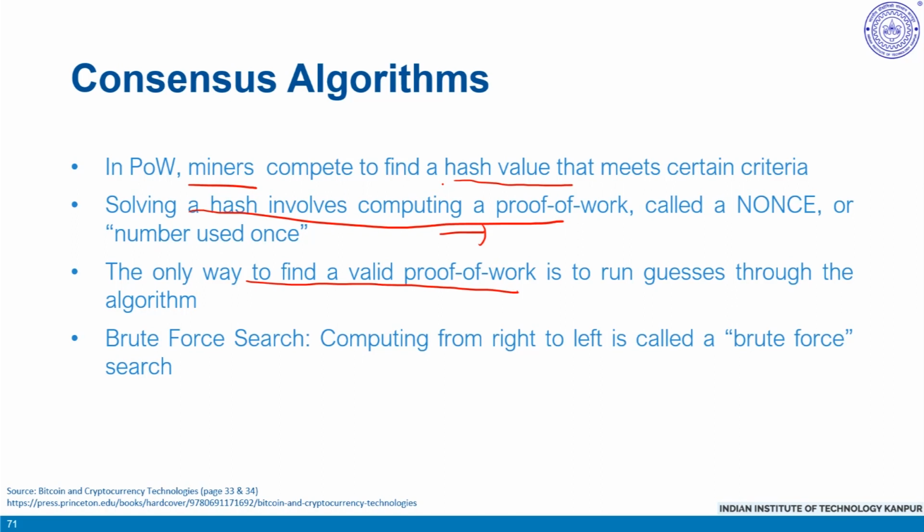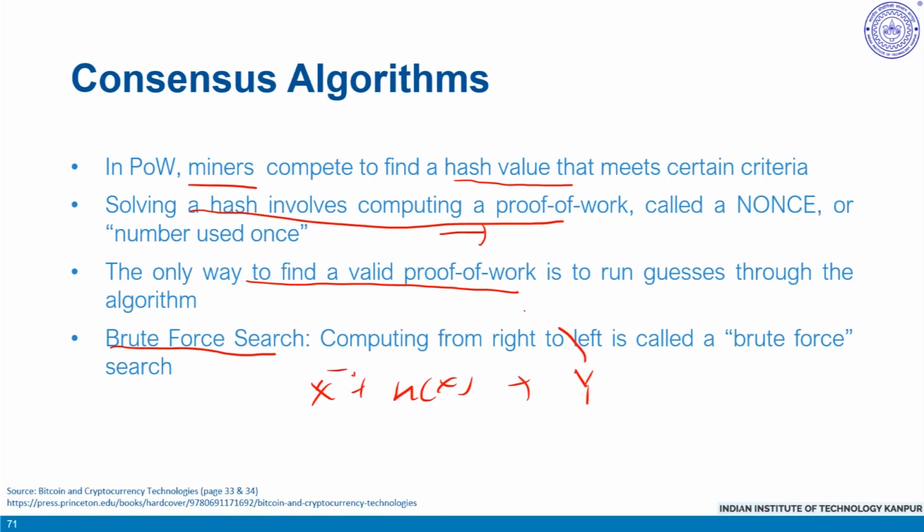Now there is something called the brute force search method that we discussed. Basically, it is possible to compute the input x to a hash given the output hash value, let's say y, but that involves a lot of computing power.